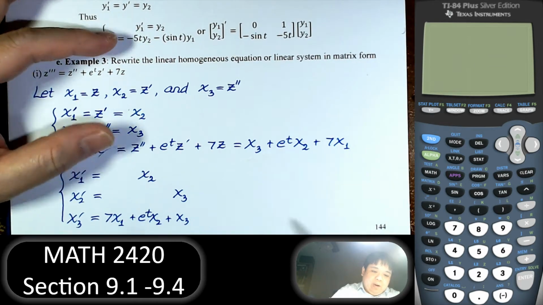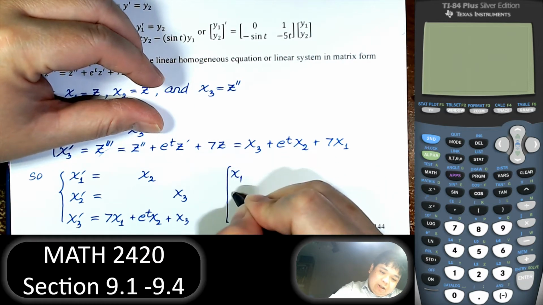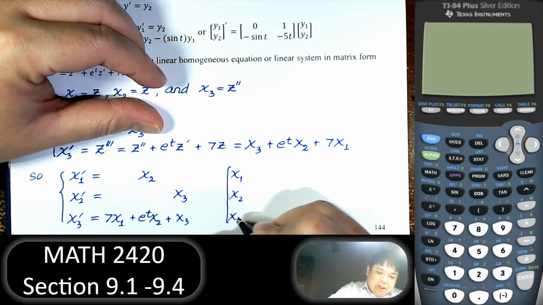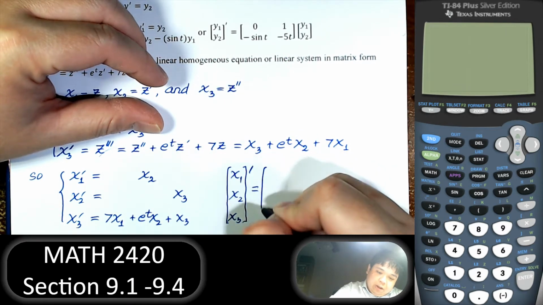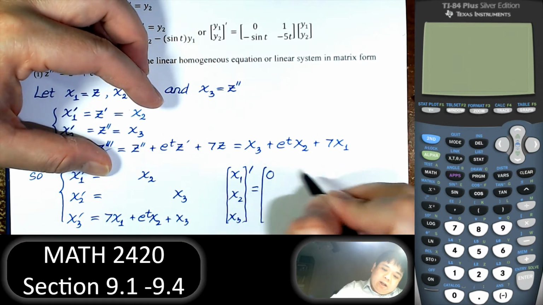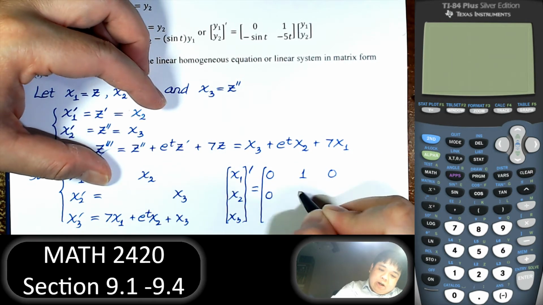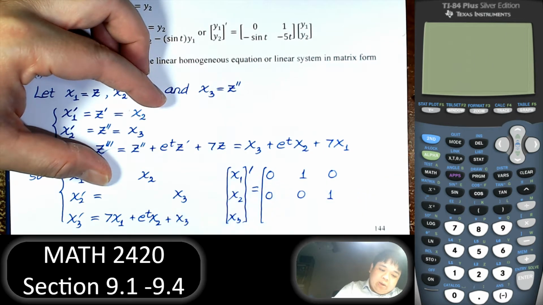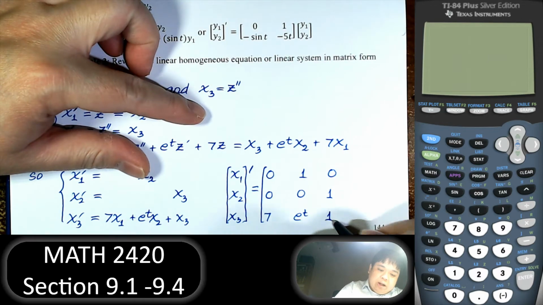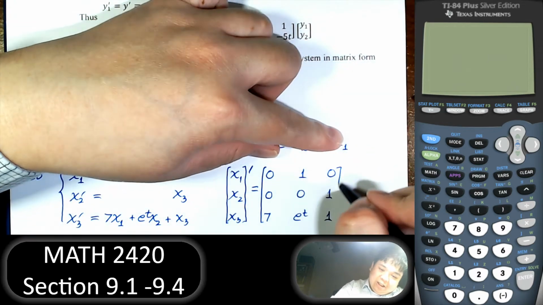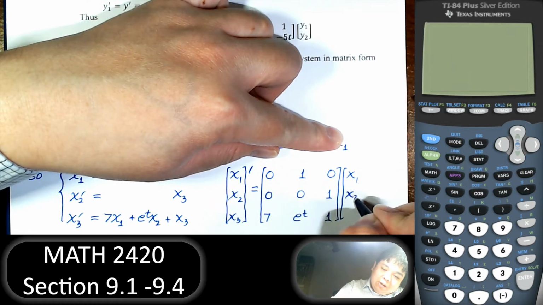Once we have that, we can write in the matrix form. x1, x2, x3 prime equal to the matrix: no x1, there's 1 x2, no x3; no x1, no x2, there's 1 x3; 7x1, e to the t x2, and 1 x3. And then we just have a column of x1, x2, x3.